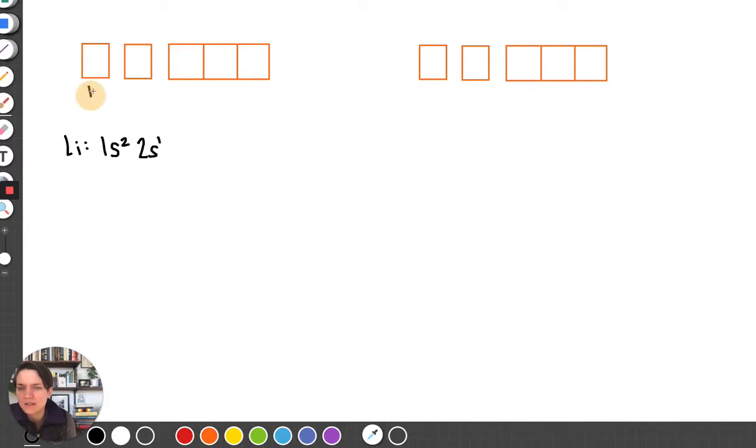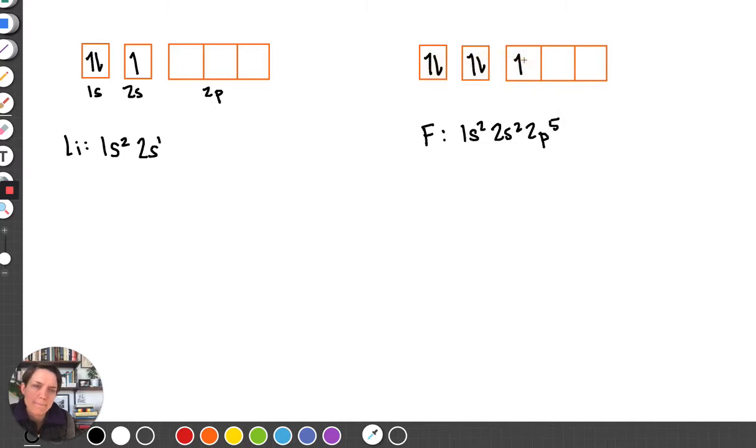So if this is our 1s, this is our 2s, this is 2p, that's going to look like my 1s shell is full, and now I have my 2s. Over here, for fluorine, I would have 1s2, 2s2, 2p5. And that's going to look like that. Okay, so these are our electron configurations.